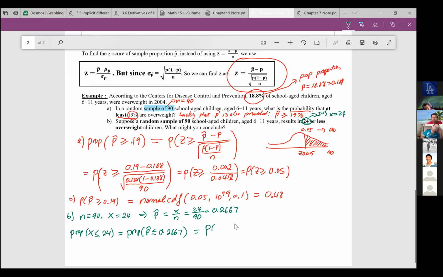So probability of z less than or equal to 0.2667 minus 0.188 divided by square root of 0.188 times 1 minus 0.188 over 90. So same approach, it's just a different way to find p hat, right? If p hat is given, then we are lucky. If not, we can always find it using the formula x over n. All right, so that's how much information each question can provide to us, right?